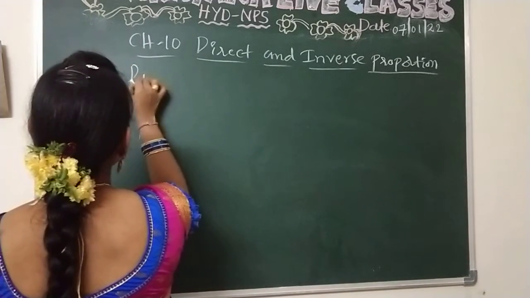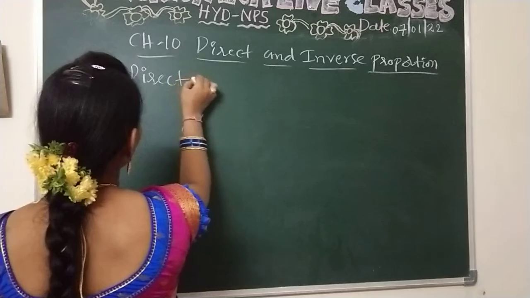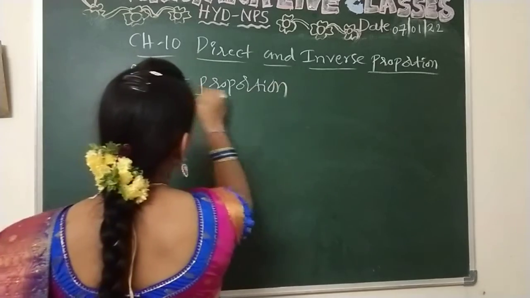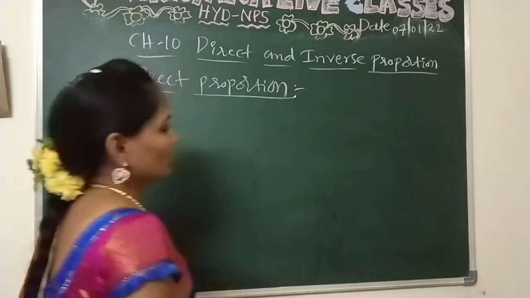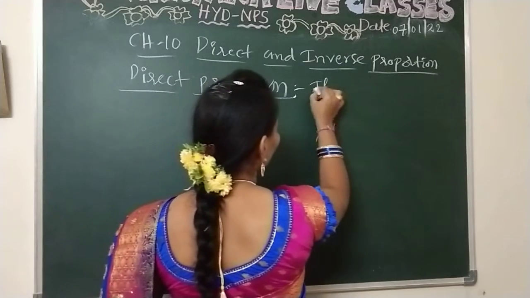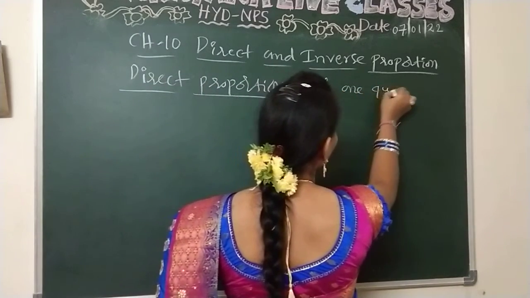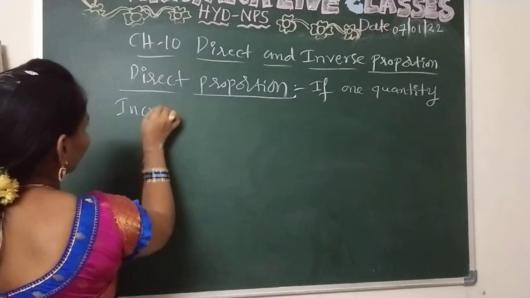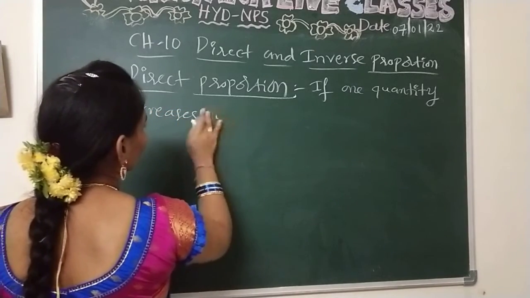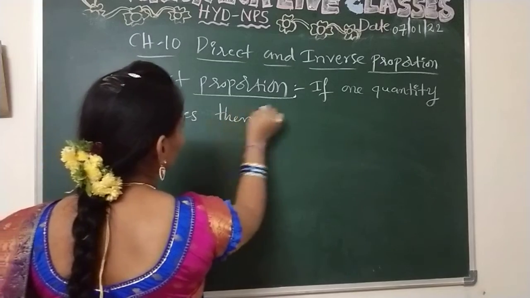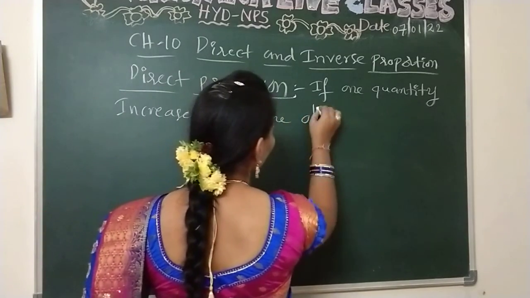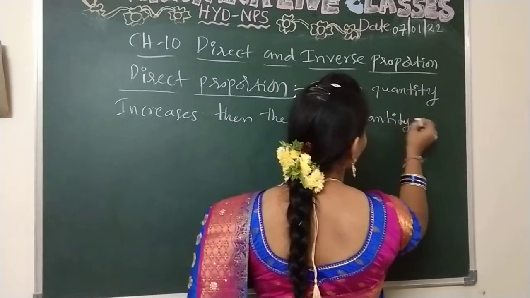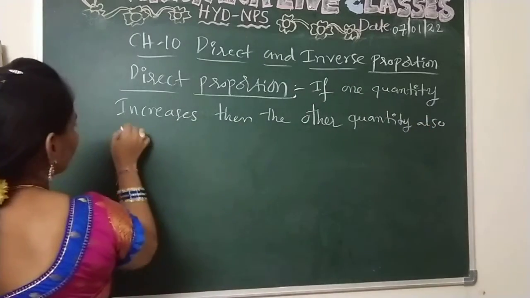See here, direct proportion. The definition: if one quantity increases, then the other quantity also increases.